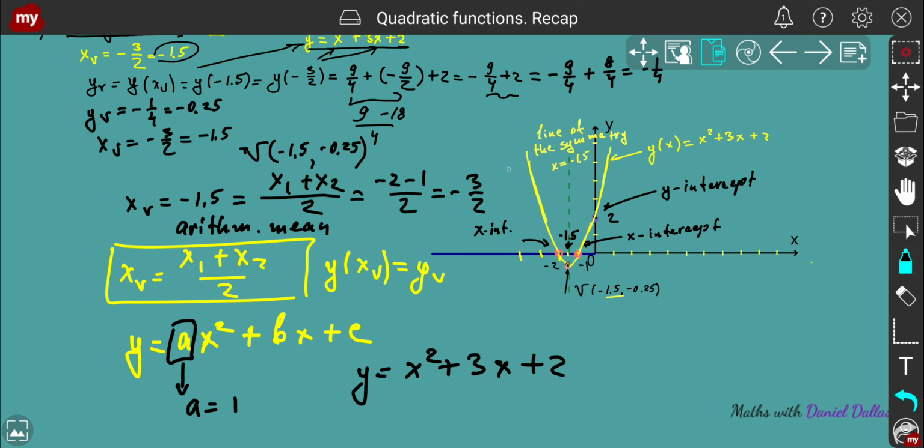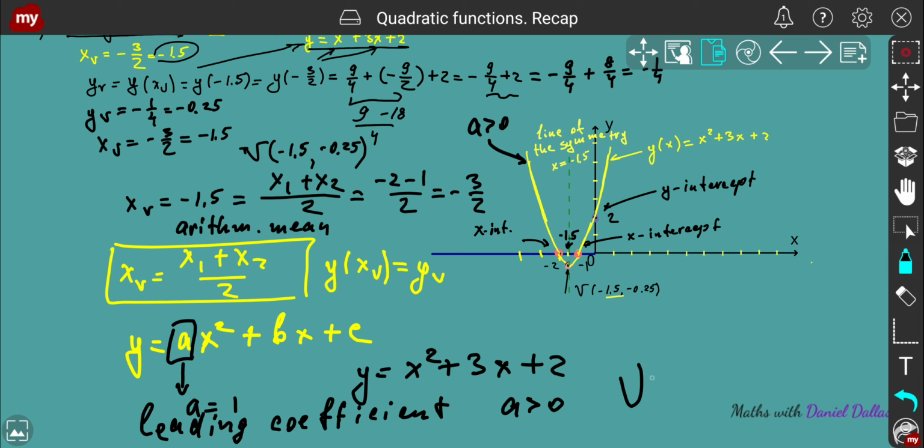So we can notice that for this sort of parabola, coefficient a should be more than 0. For a parabola with branches up, we need a positive leading coefficient, so that's why the branches go up.